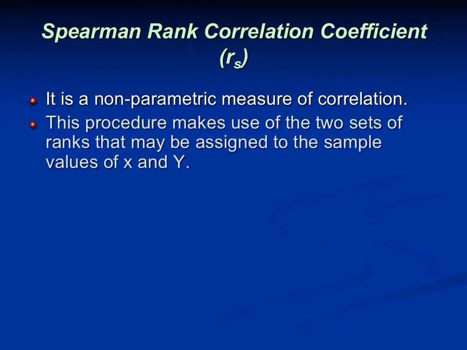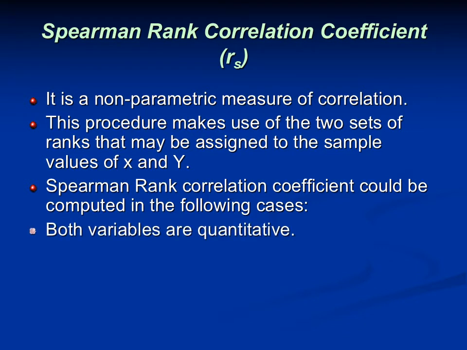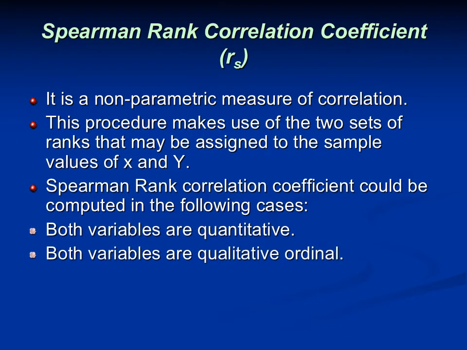So these are some of the conditions under which Spearman's rank correlation is applied. It is a non-parametric measure of correlation. The difference between Pearson's correlation coefficient and Spearman's correlation coefficient is that one is parametric and the other is non-parametric.